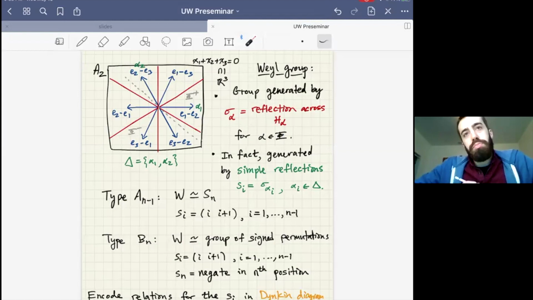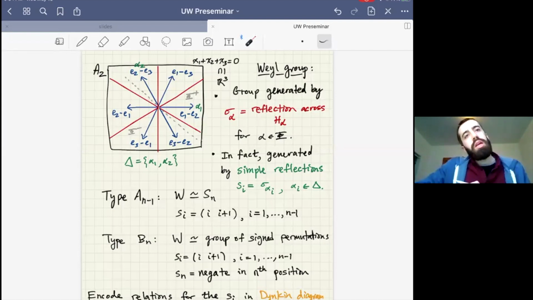We could think of it as a subgroup of the orthogonal group of whatever vector space we're working in, generated by sigma alpha, which is what I'll write for these reflections across the hyperplanes H alpha.